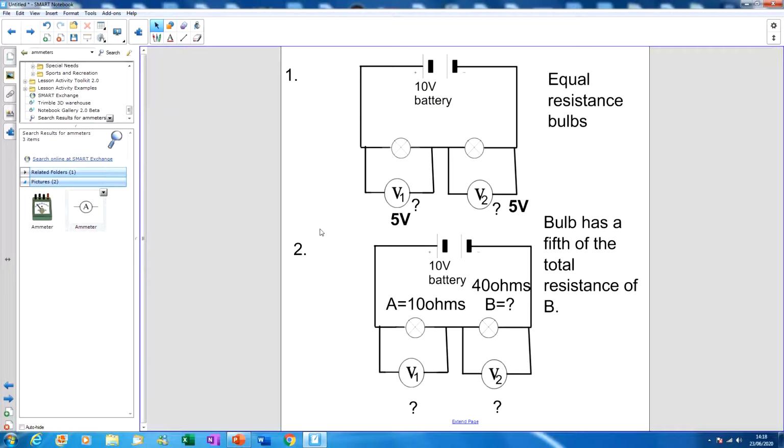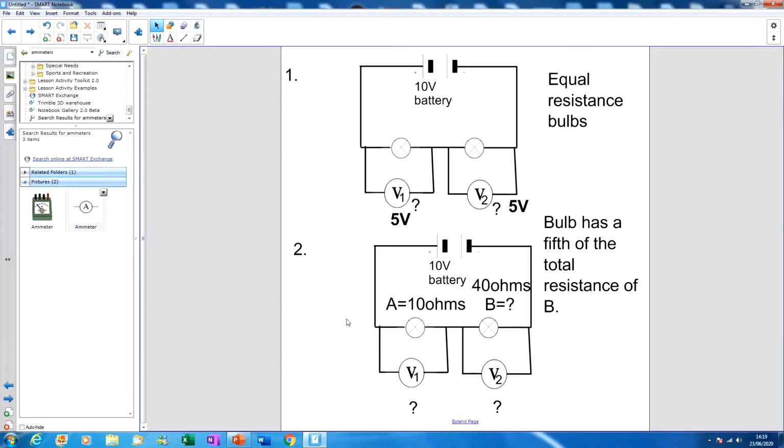The next one is a harder example. So this is your first example where the bulbs aren't of equal resistance. So bulb A has a resistance of 10 ohms. Bulb B has a resistance of 40 ohms. 1/5 of the total resistance, which is 10 add 40, which is 50, is across bulb A's resistance.